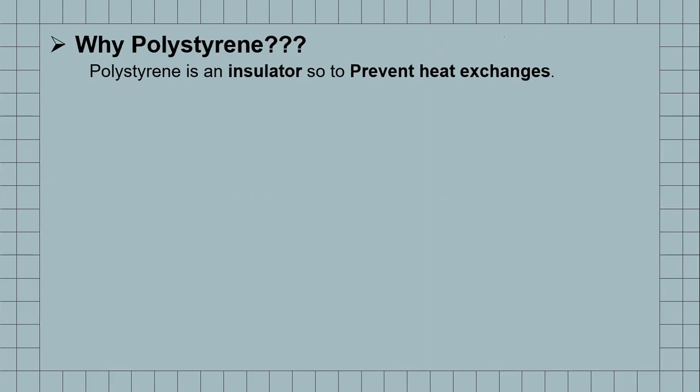As you see, polystyrene is an insulator, so it prevents heat exchange. So during the experiment, when the chemical reaction takes place, it can absorb heat from the outside, from the environment, or during the reaction, it can release the heat to the environment. So to prevent that, only we use polystyrene here.